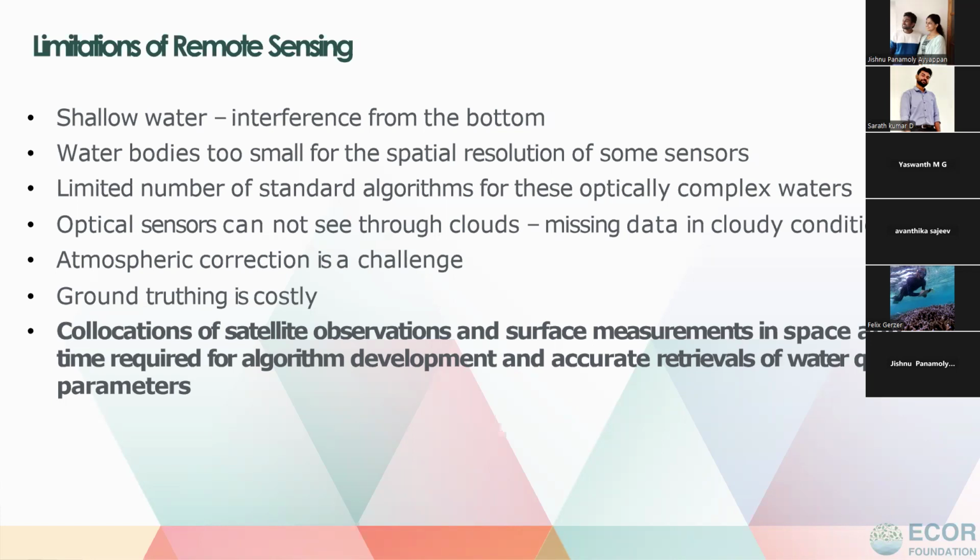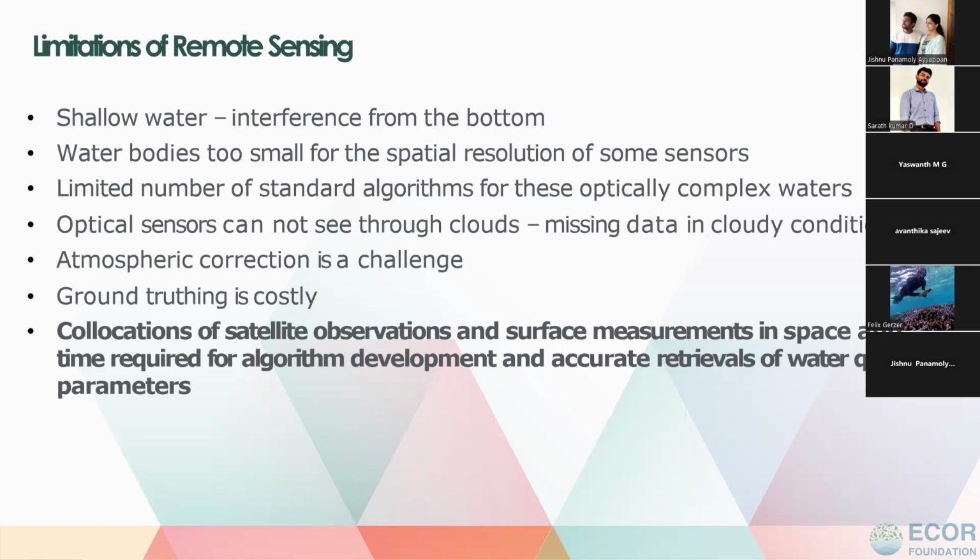Optical sensors cannot see through clouds. Only microwave radar sensors can penetrate clouds, but optical cannot. And atmospheric correction is very much needed, and it is very challenging too. It has so many steps, coming under the pre-processing of satellite imagery.